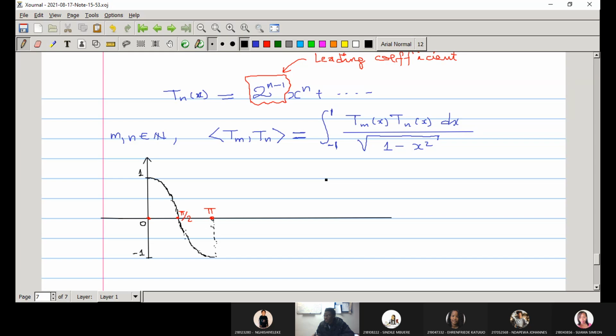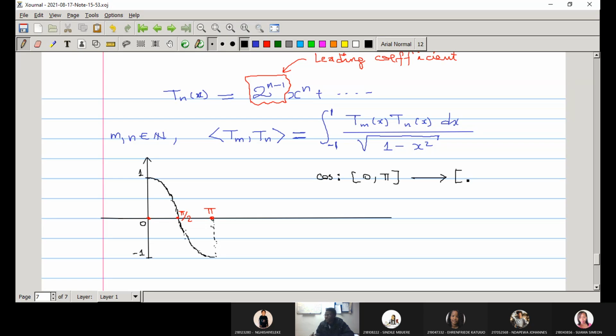So if I define the cosine function on this interval, from 0 to pi, it will take only the values from -1 to 1.